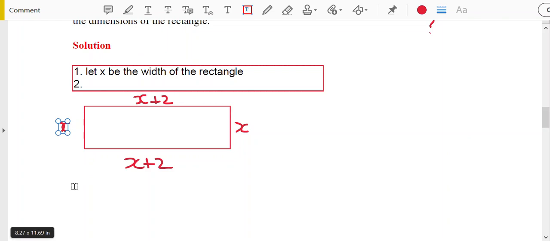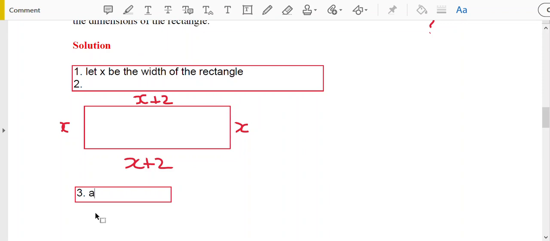Step 3 now is to write an equation. So the equation would be area equals length times width. And we actually know what the length is. The length is x plus 2 multiplied by the width, which is x.